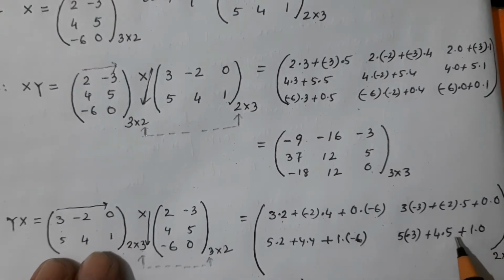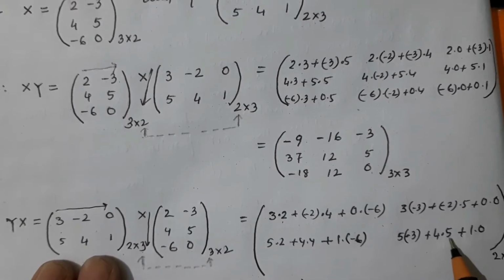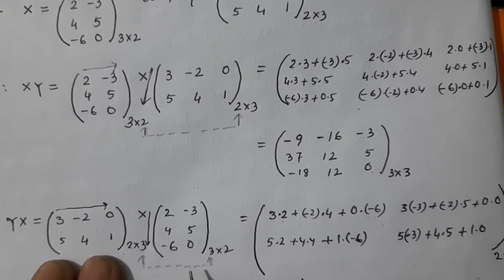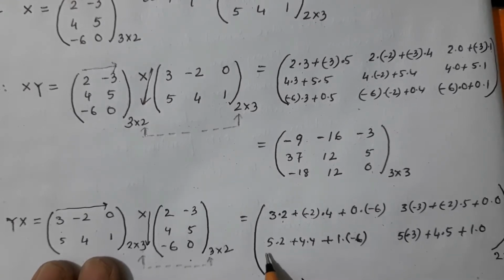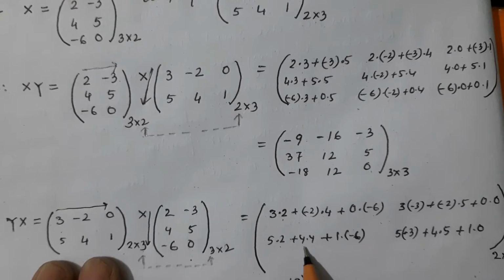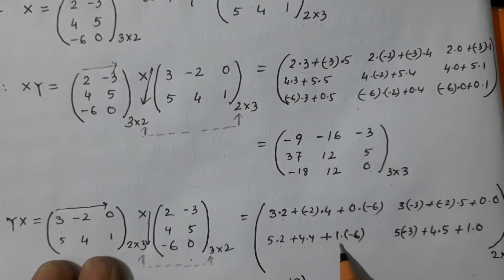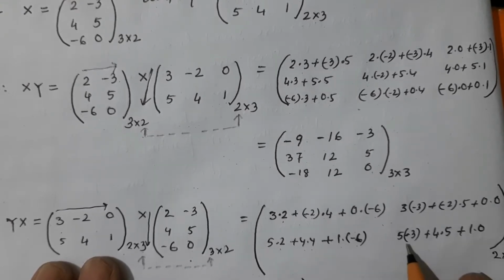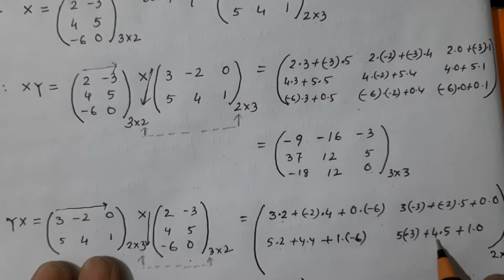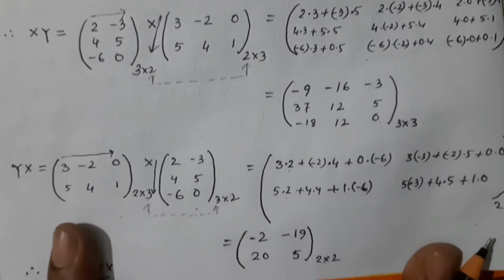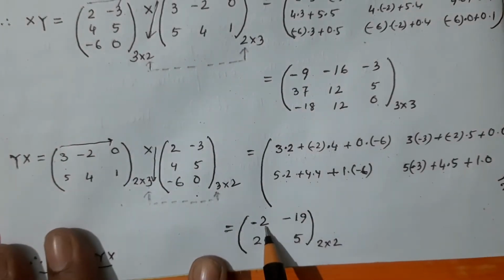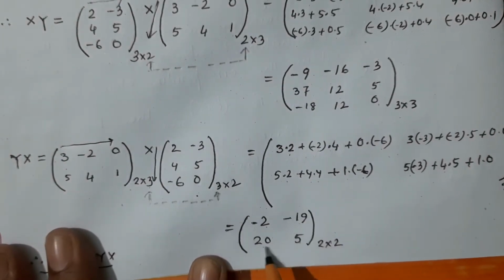Second row of the first matrix multiplied with the columns of the second matrix, we get 5 into 2 plus 4 into 4 plus 1 into minus 6, 5 into minus 3, 4 into 5 plus 1 into 0. And if we simplify, we get minus 2, minus 19, 25.